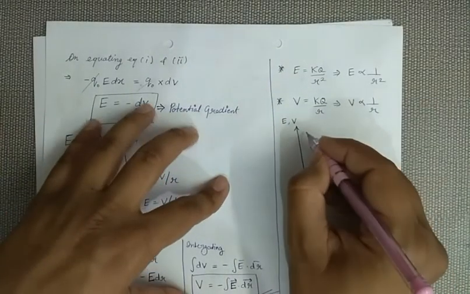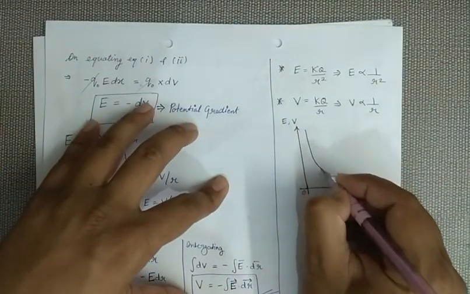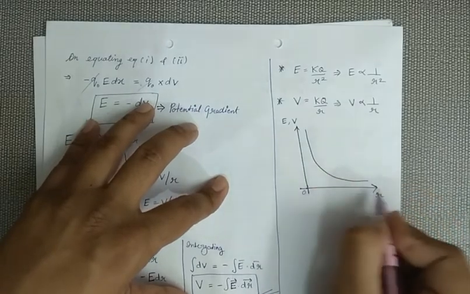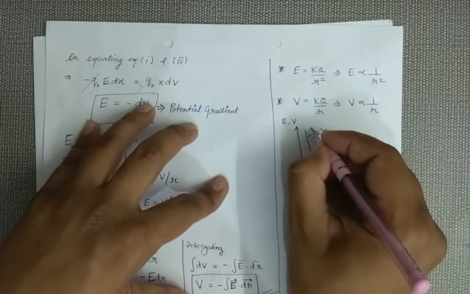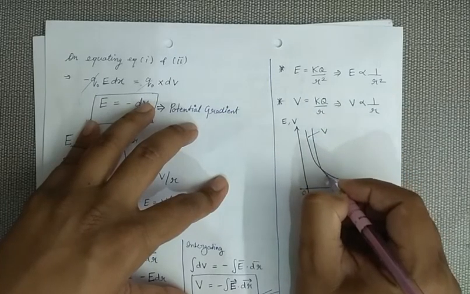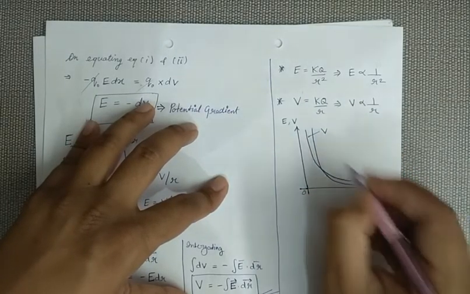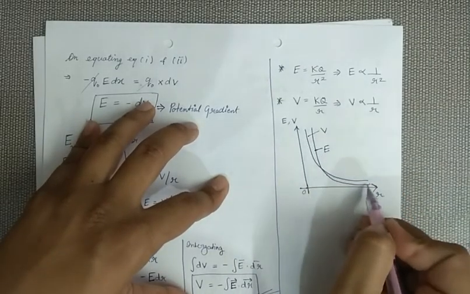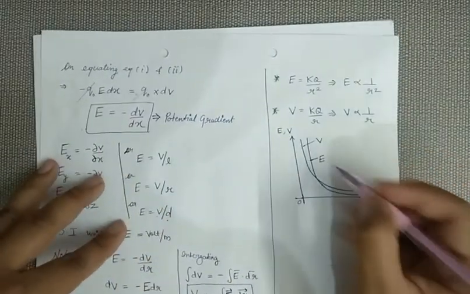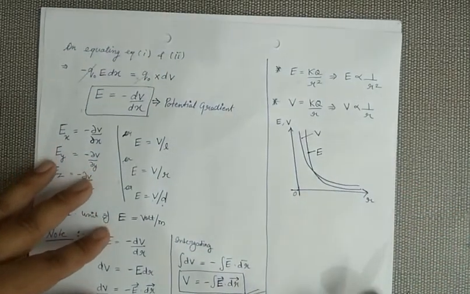Look at this first line, very close to this line, it represents the potential V, and this second line will represent the electric field. This electric field you have to take somewhat parabolic. So this is the representation of E and V with distance r.